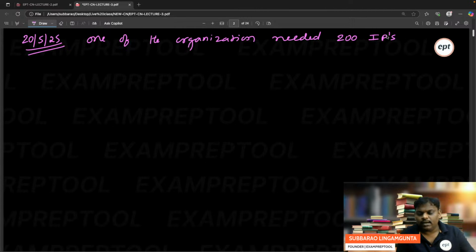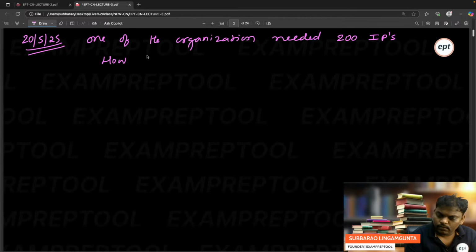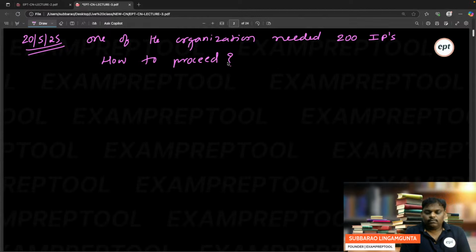What is the way? How to proceed? One way to solve this problem is A class.